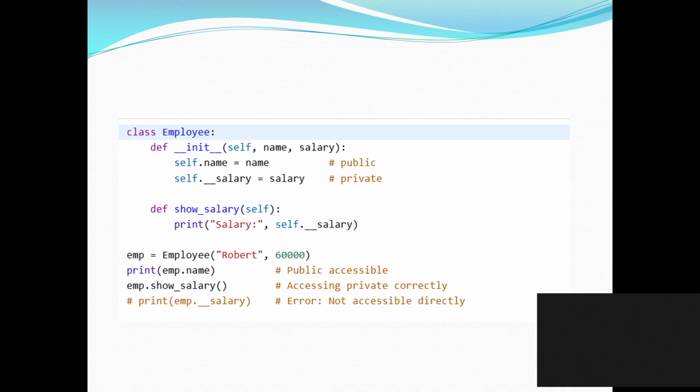So if I print emp.name, we can access the public one, so it's printed. But if I print emp.show_salary, accessing private correctly, we can access this also correctly. But if I give a statement like this, it says error, not accessible directly.